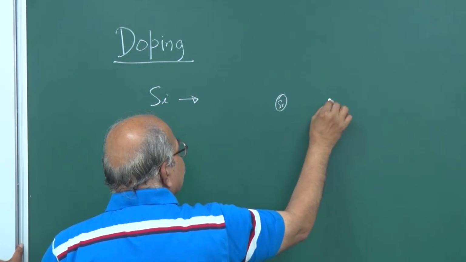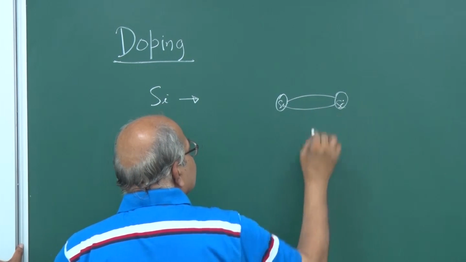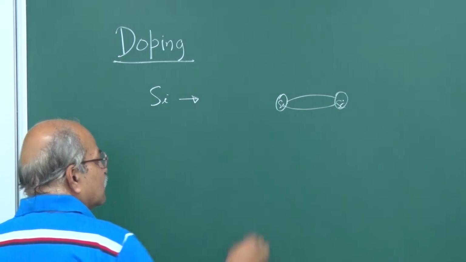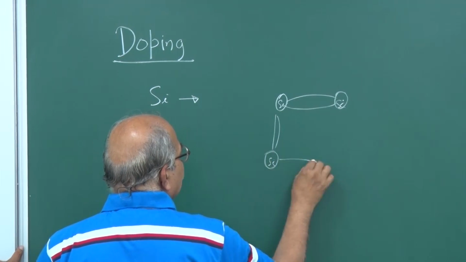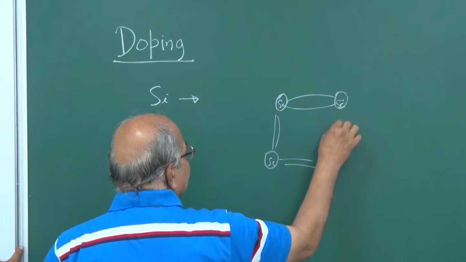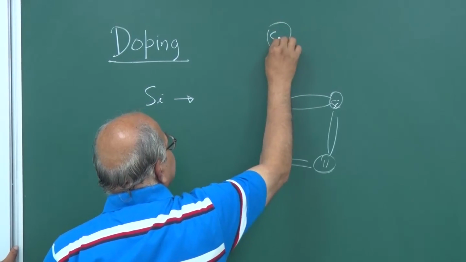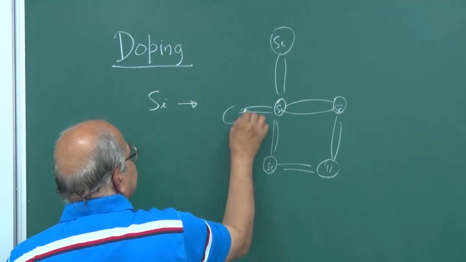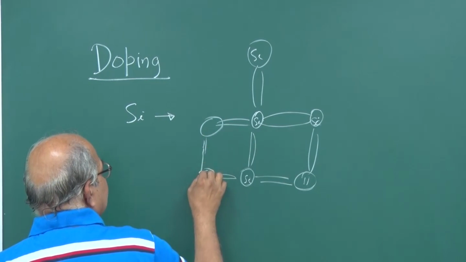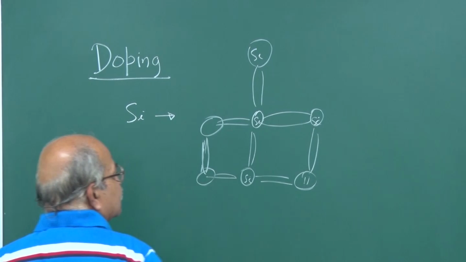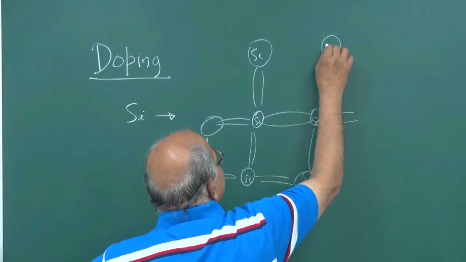Silicon and silicon are bonded by 2 electrons, 2 sp3 electrons, and each silicon is bonded to 4 other silicons and so on. So you have this kind of structure. This is a 2-dimensional representation. As I had told, this is 3-dimensional; I have shown that ball and stick model.